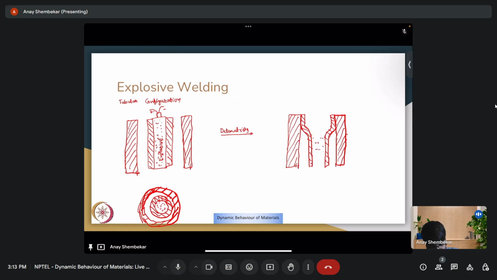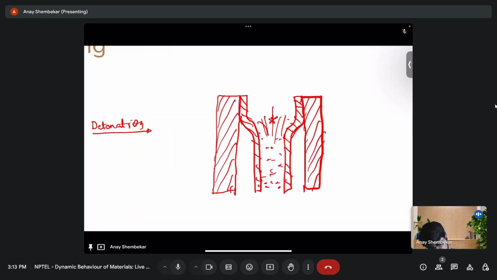This is the explosive unburned. You have a detonation front here. The inner plate starts impacting the outer plate, and you have welding occurring here.